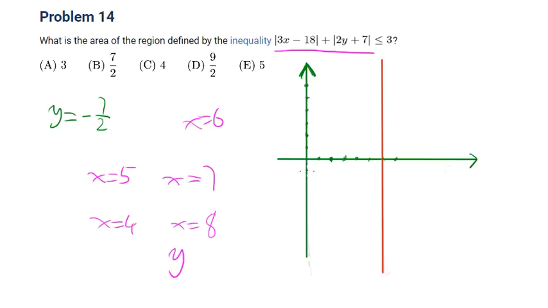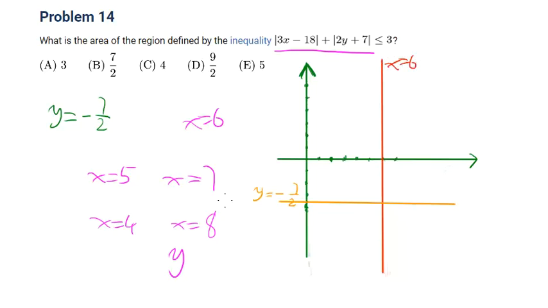So by the same logic, y equals negative 7 over 2. That's also a line of symmetry.